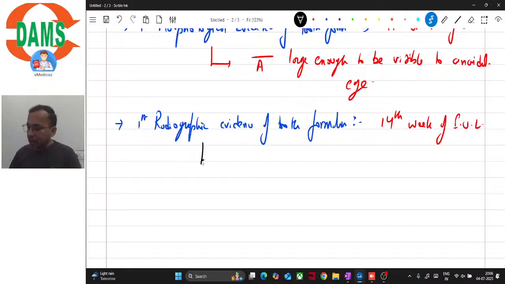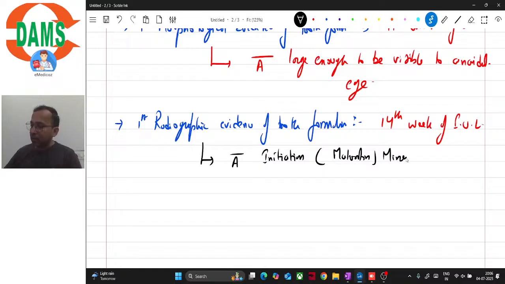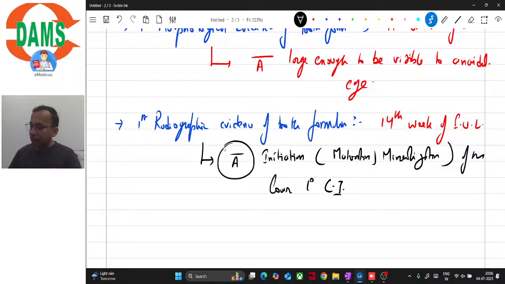It coincides with the initiation of maturation or mineralization of the lower primary central incisor, that is this tooth.